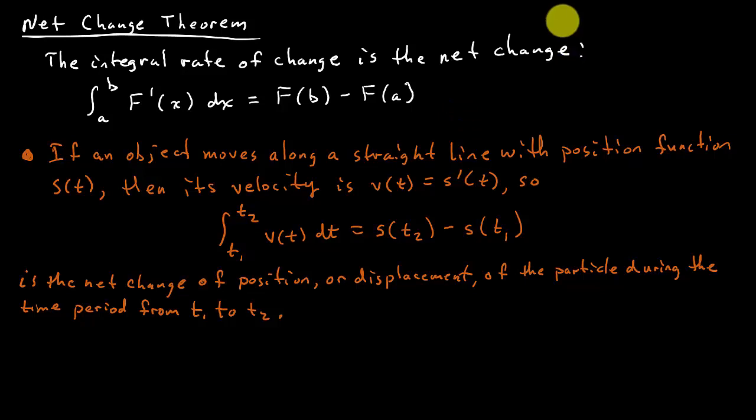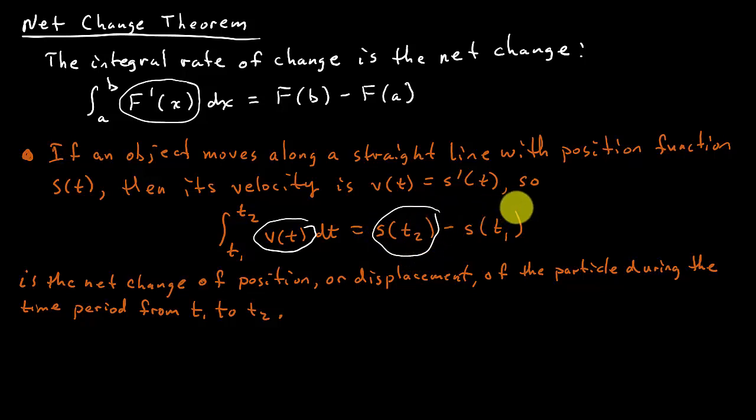All right, so in this problem, we've got v of t, the integral of v of t from t1 to t2 is equal to s of t2 minus s of t1. So here's your v of t right here, and then here's your s of t2 and s of t1.